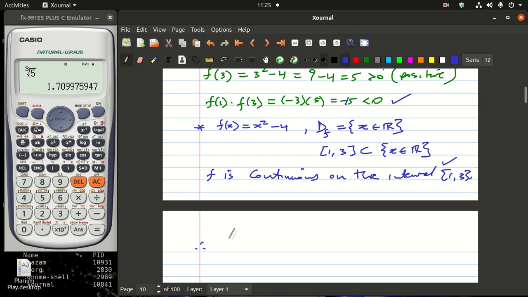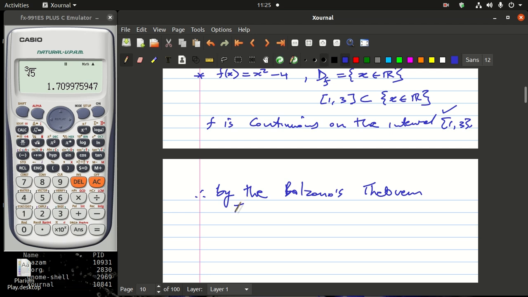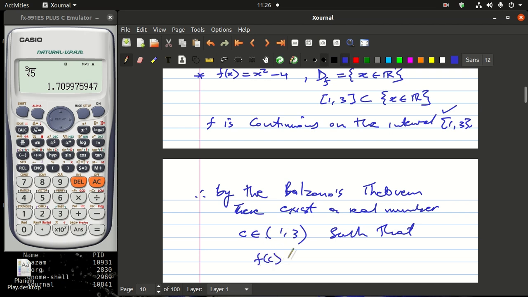Therefore, by Bolzano's theorem, there exists a real number c that is actually in between 1 and 3 such that f of c is equal to 0.